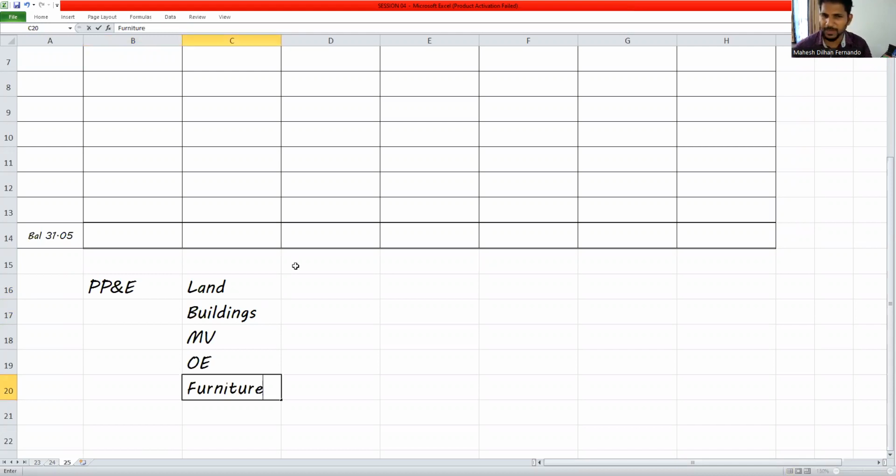This is a little bit too much for you, but try to remember. PP&E is a collective noun for these items. I don't think that you will get that for O levels, but try to remember it.